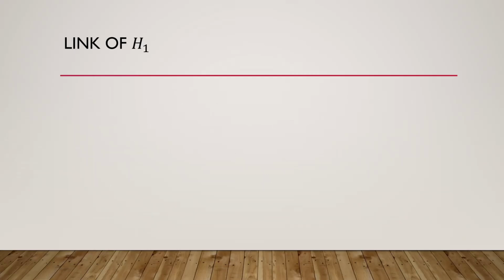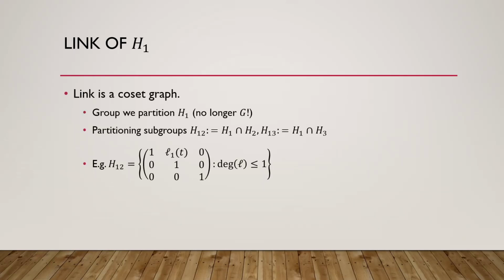So let's just look at the link of H1. One other nice property that we have is that links of coset complexes are also coset complexes of dimension one less, or in this case, a coset graph. So the group that we're now partitioning is not all of G, it will just be H1.